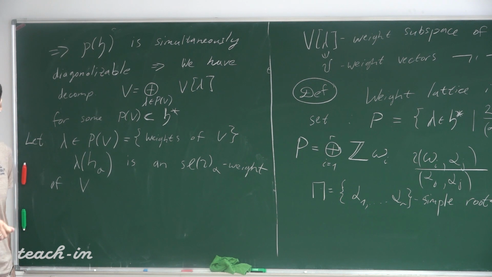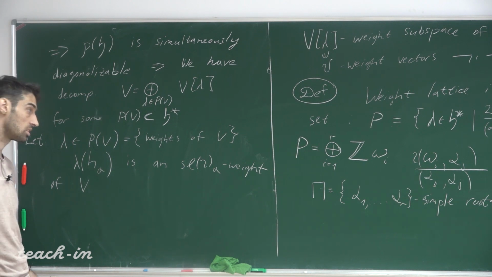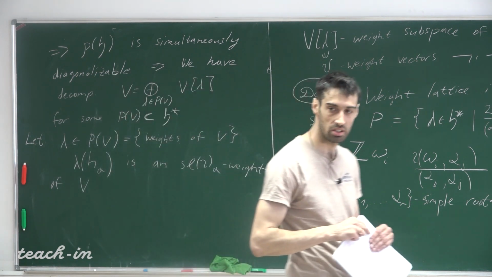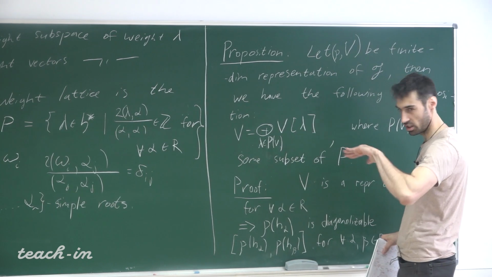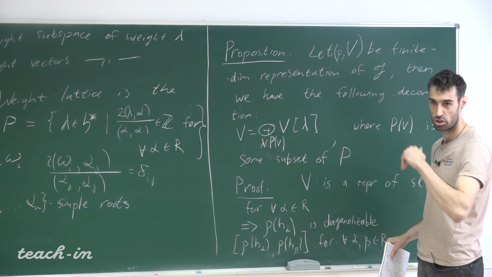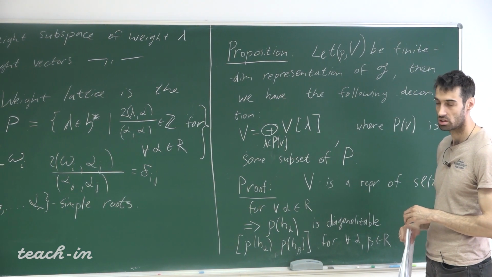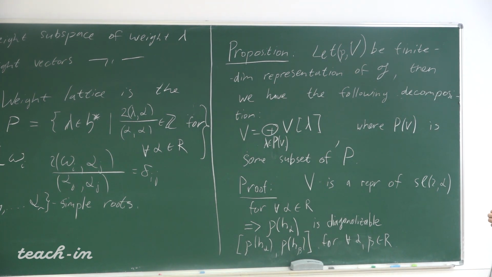So here you are doing it for SL2, alpha, right? Yes, we're using that V is also a representation of each SL2 triple inside G. How can we have an H alpha and H beta?